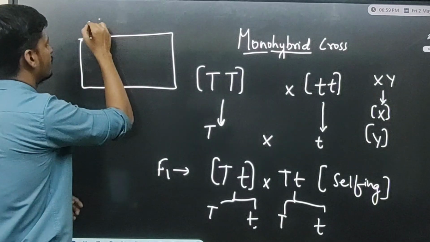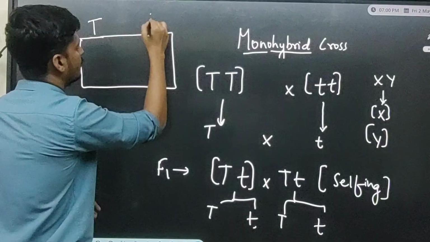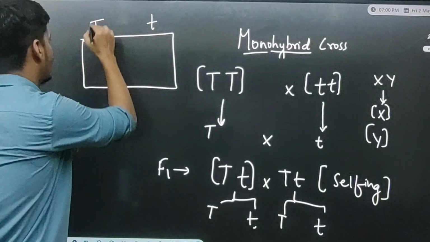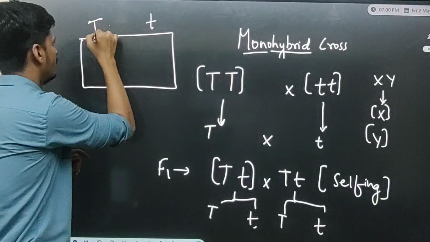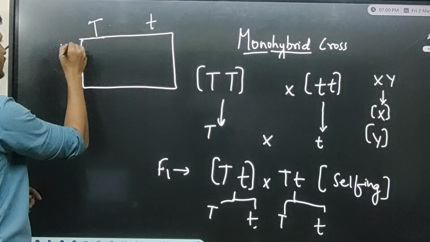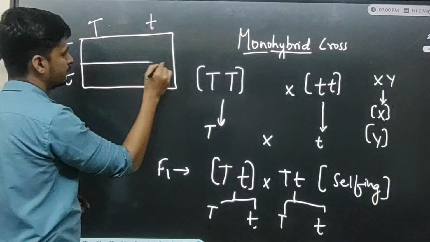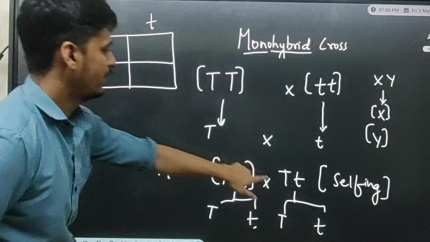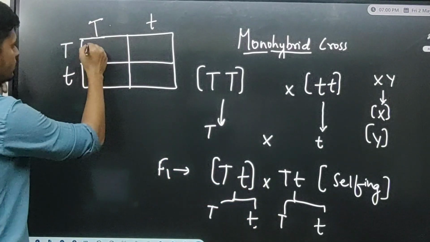So the gametes of one parent on the x-axis, the gametes of another parent on the y-axis. Okay, so their gametes here and their gametes here, right?